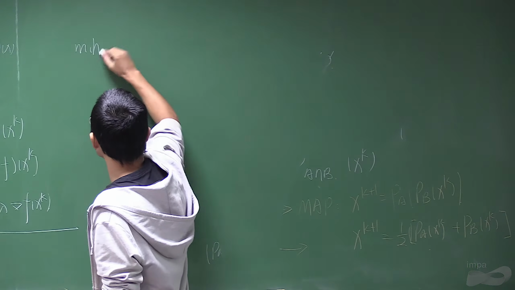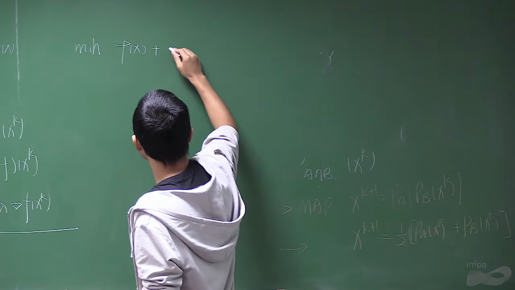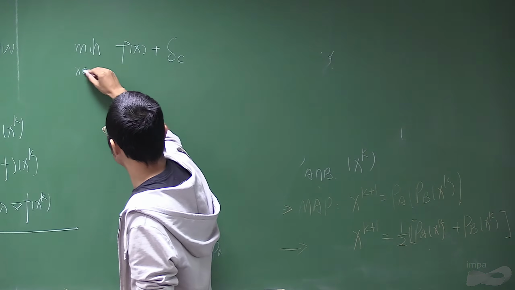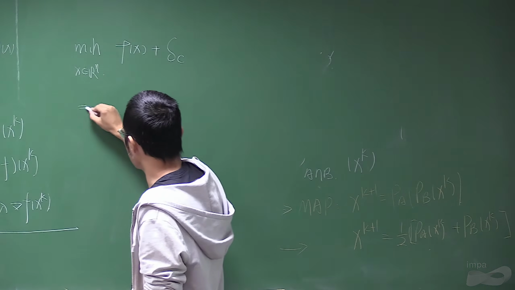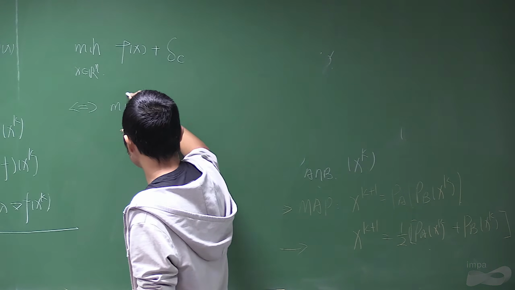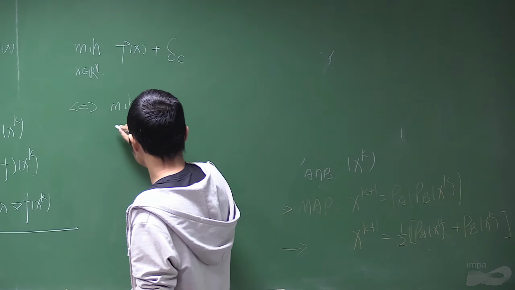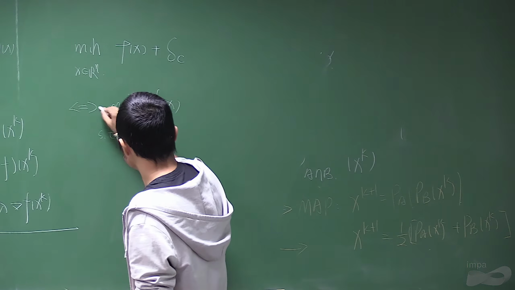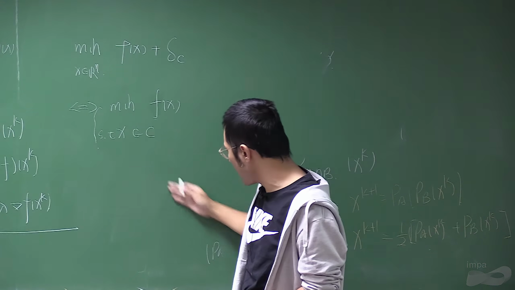If we want to minimize f(x) plus g(x), where g becomes the indicator function, it is equivalent to say we want to minimize f(x) such that x belongs to C. So it actually becomes a constrained problem, okay?